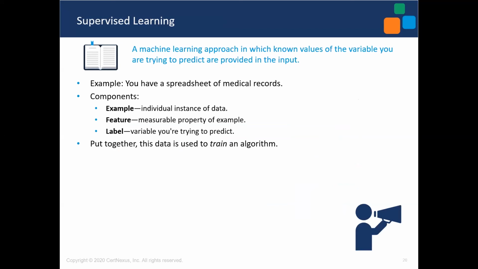So what does that mean? It means the components are an example, which is an instance of data, the feature, which is a measurable property, and the label, the item that you're trying to predict. Then you put this together and use it to train an algorithm.